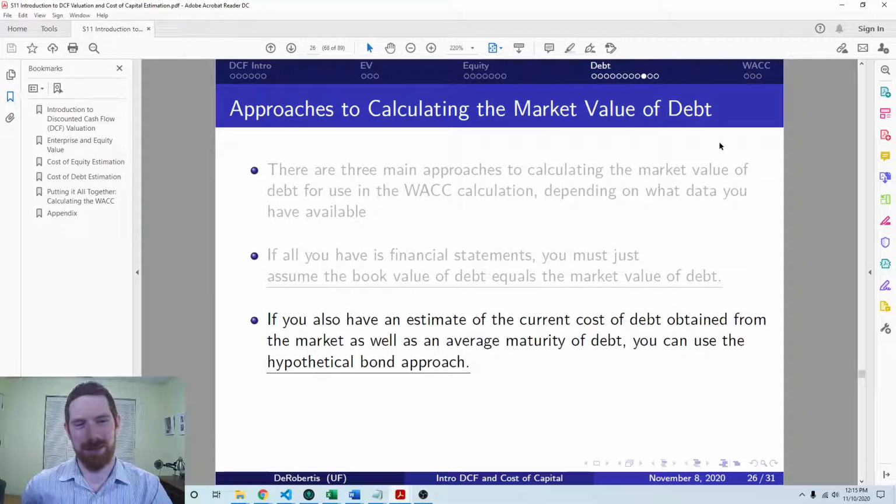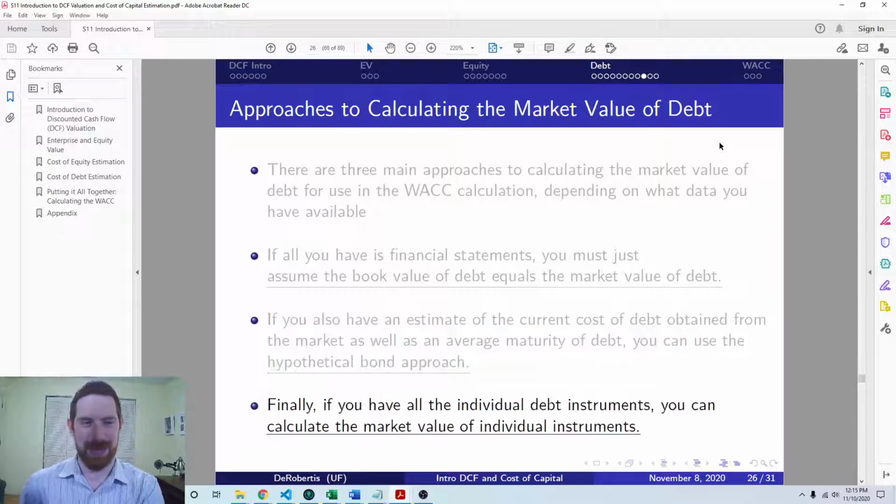But there are a number of assumptions we have to make here, and so it's not as accurate as the last possible approach, which is you have information on all of the debt that the company has and the current details of all of those. You can calculate the market value of each individual debt instrument and sum them up to get the total market value of debt.